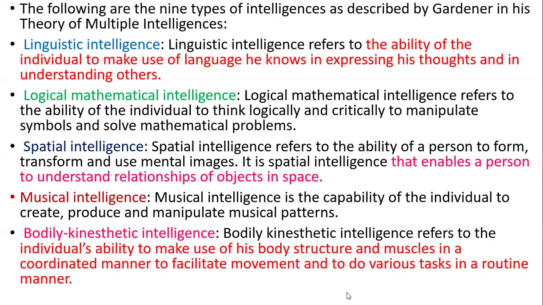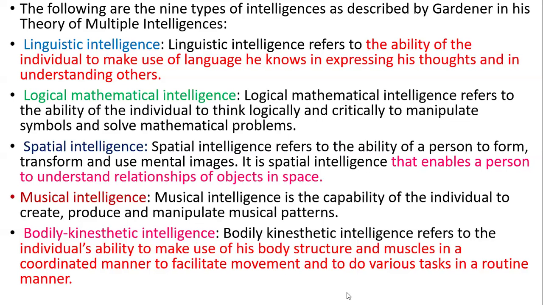Another one, read the next one, logical mathematical intelligence. Logical mathematical intelligence refers to the ability of the individual to think logically and critically, to manipulate symbols and solve mathematical problems.